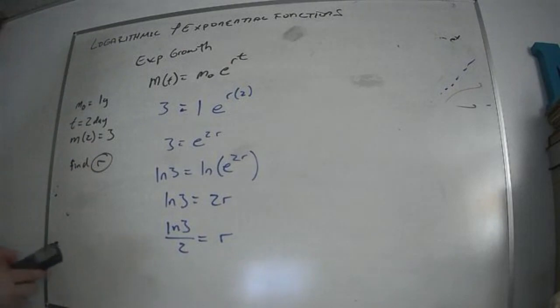This calculator has both a natural log button and a log button right above it, which could give you 10 to the x. So if I say ln 3, I divide that by 2. The natural log of 3 is approximately 1.0986, but I'm dividing it by 2.